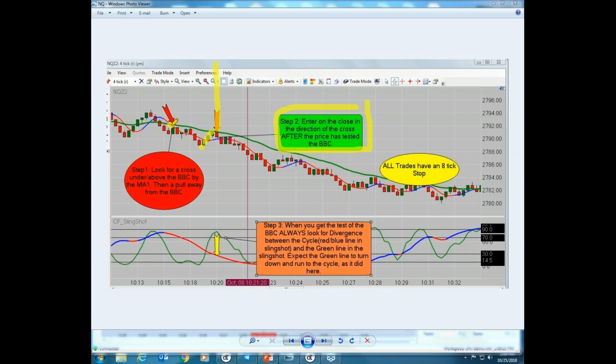The trend was defined as bearish because we had a red MA1 and a bearish cross. So guess what color this should be? It should be a red candle, right? Now you're getting the picture. It's starting to all come together. If it was a bullish scenario, we would be looking for a green candle or a blue candle. Again, we get a bearish cross, the MA1 crosses the BBC, and we expect the normal to happen, which is the market gravitating toward the BBC here.